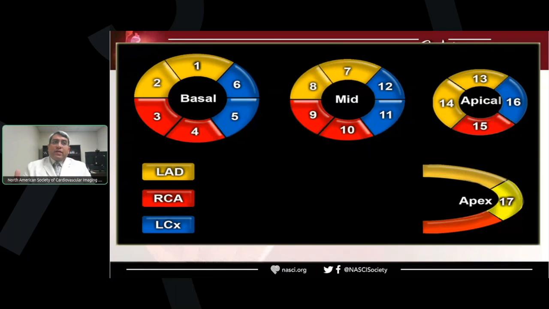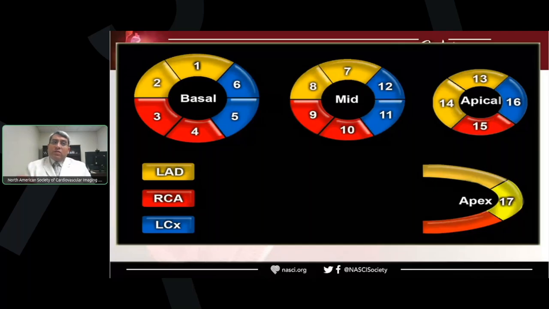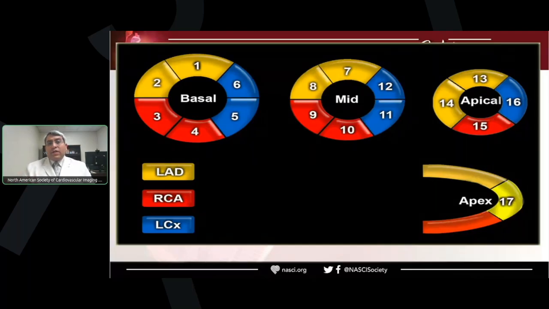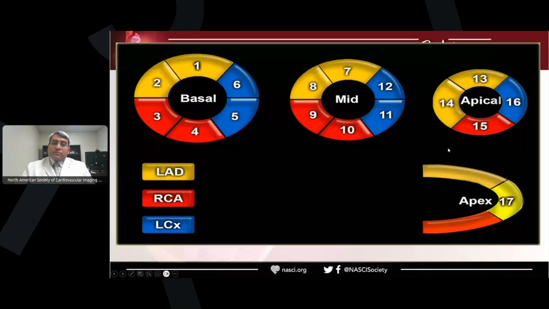Some diseases like the septal wall, others like the lateral wall. If it is following a vascular territory, it could be ischemic-induced cardiomyopathy, and these are all important to relate the disease to which part of the myocardium.